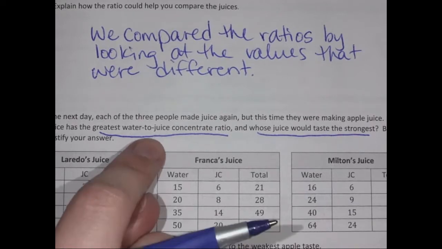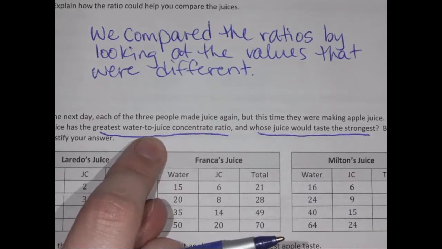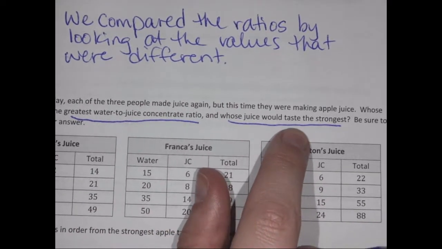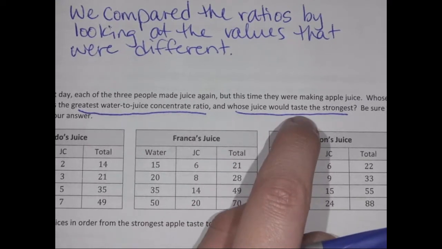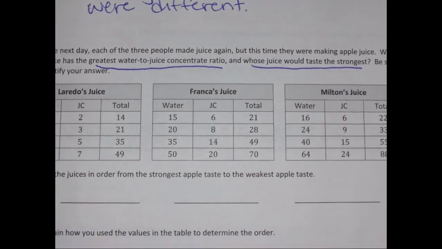So does this question ask who has the most water or the least water? And if your juice tastes the strongest, do you have the most water or the least water? The least water, good.